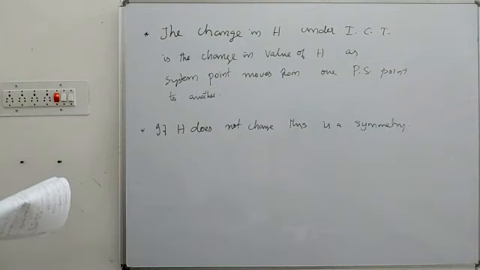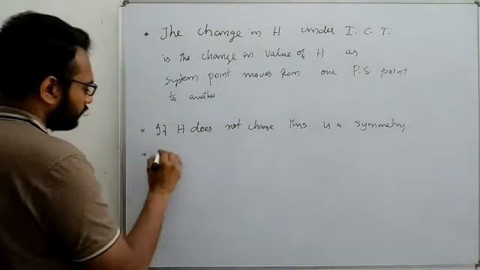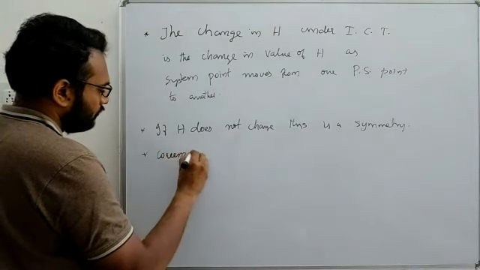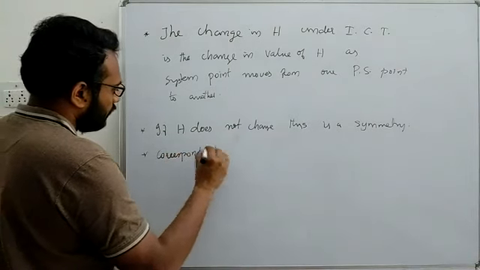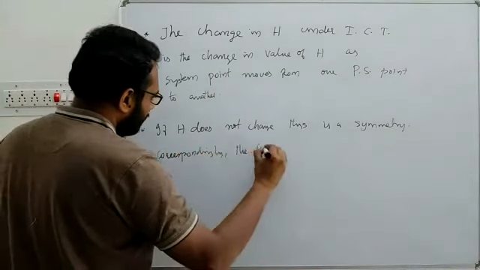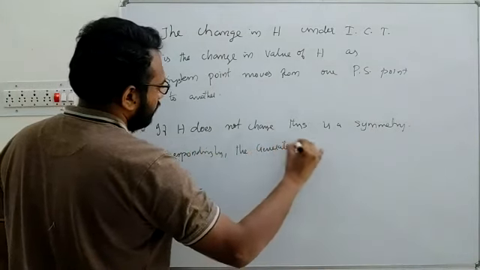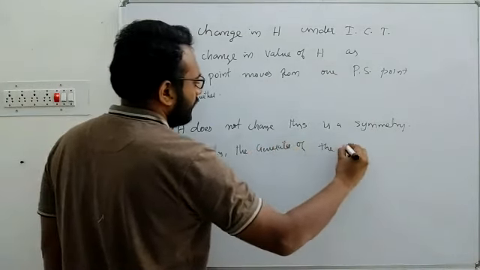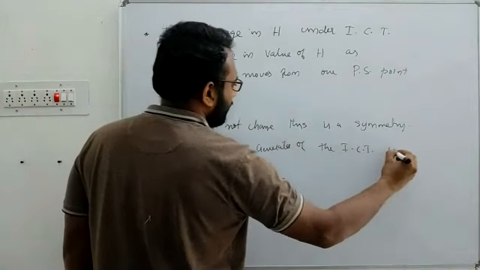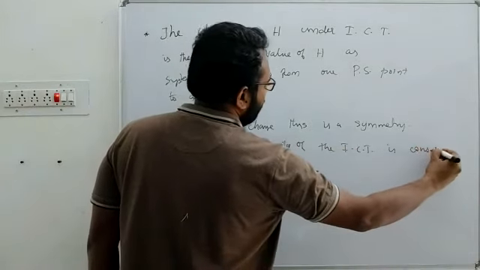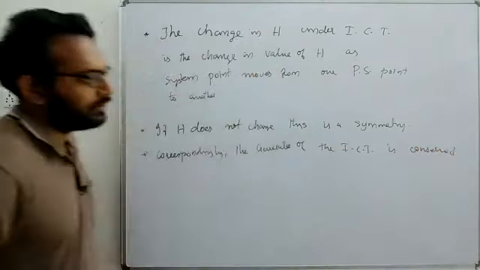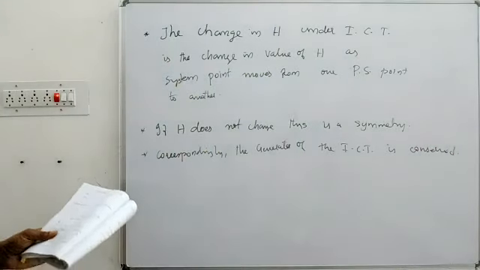And correspondingly, the generator of the infinitesimal canonical transformation is conserved. It is a conserved quantity.